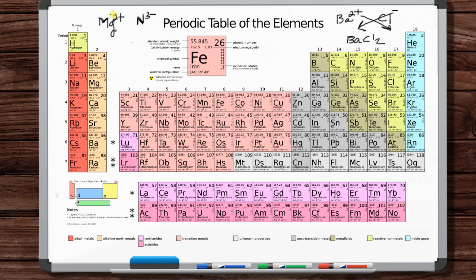That's its most stable ion. So Mg3N2, right? You need this ratio of magnesium ions to nitrogen ions to balance the charge. So this would be the crystal that would form.